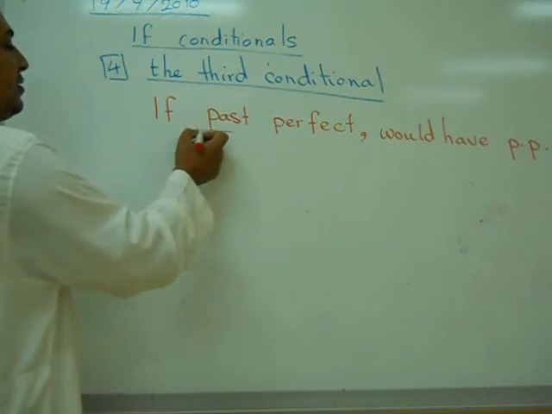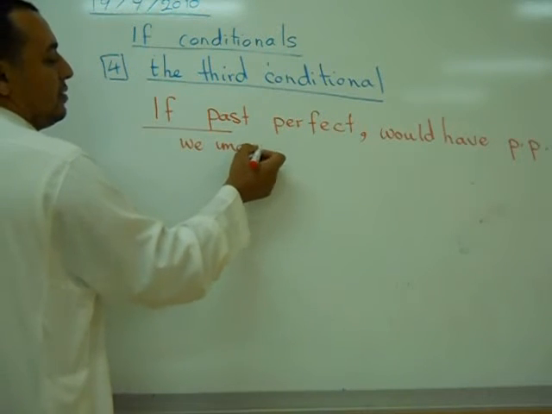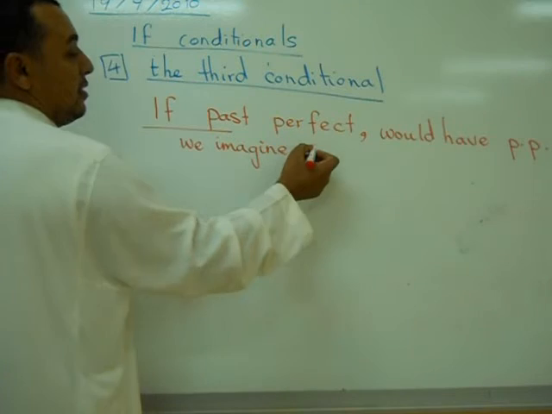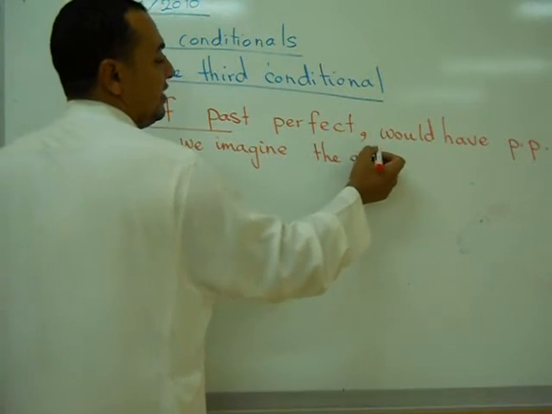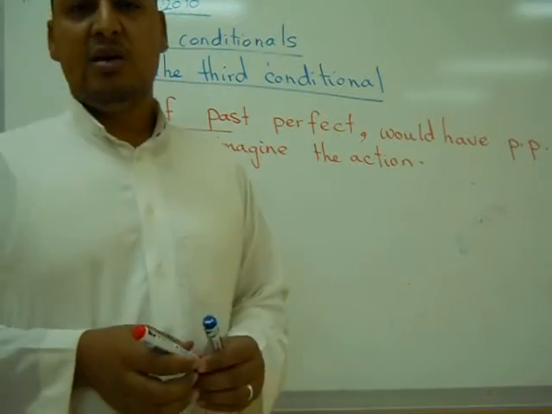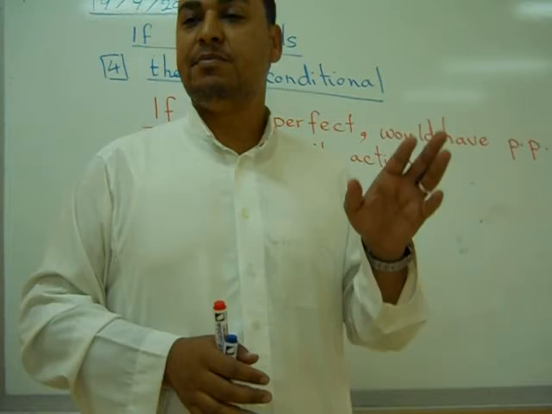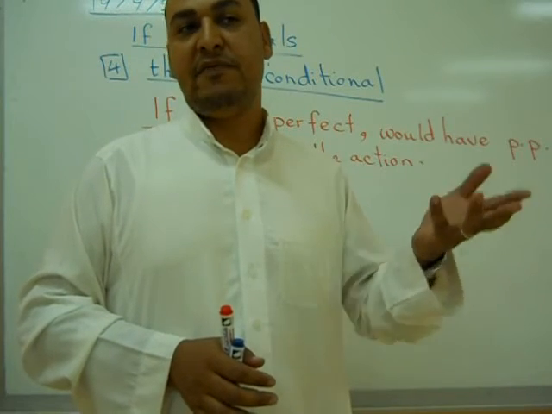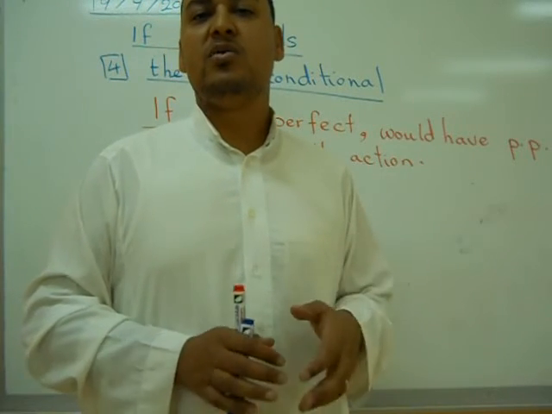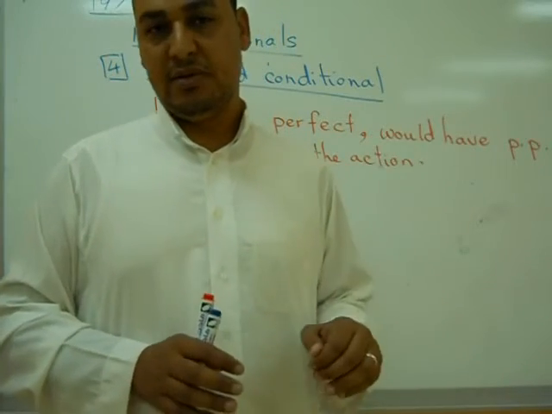In this case, we imagine the action. The action is some kind of imagination. When I say, if I had met Ali 4 years ago, I would have bought his house.